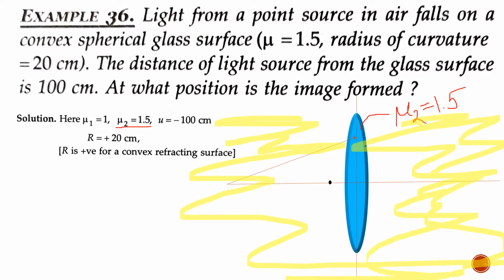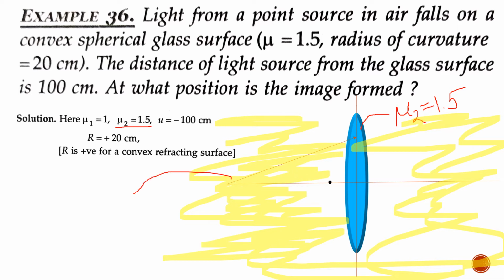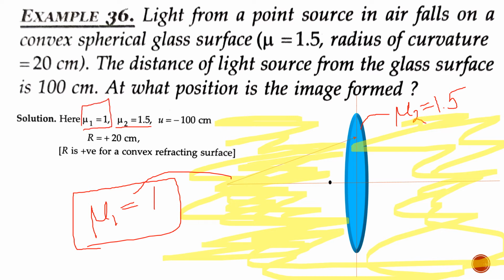The medium outside the glass surface is air, which has refractive index mu1, and the refractive index of air is always 1. So mu1 equals 1.